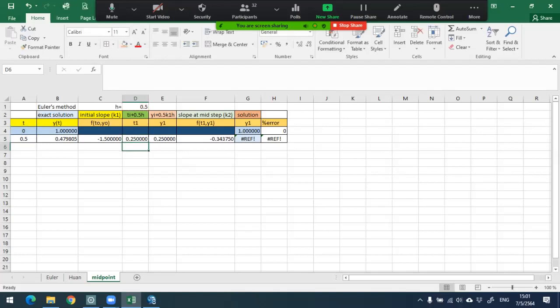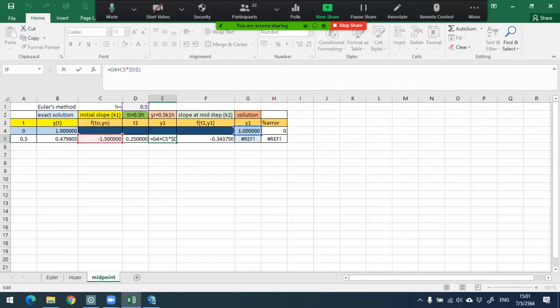Okay, now we have the solution over here. Then we use Euler to predict the value of y at mid step.